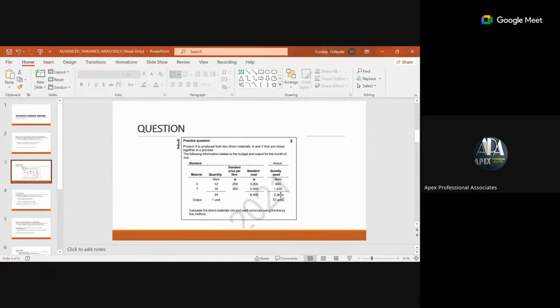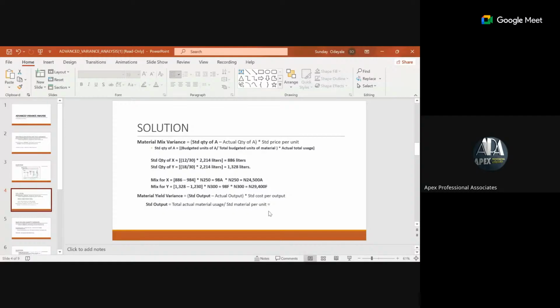We want to know how many units are we supposed to get from 2,214. So we said total actual material usage, which is 2,214 liters, divided by, now how many liters do we need to get one? 30.